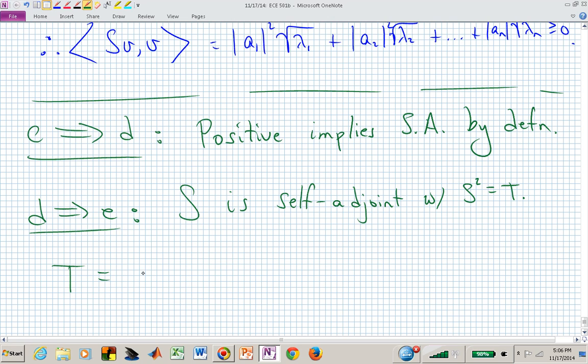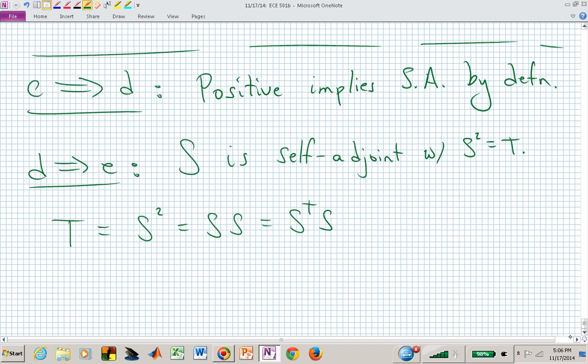T is equal to S squared, but S squared is just S times itself. But if S is self-adjoint, I can replace one of those S's with its adjoint, S dagger S, and that's what I needed for statement E. I needed to show that T has this factored form of S dagger S. I was able to do this because S was assumed to be self-adjoint.